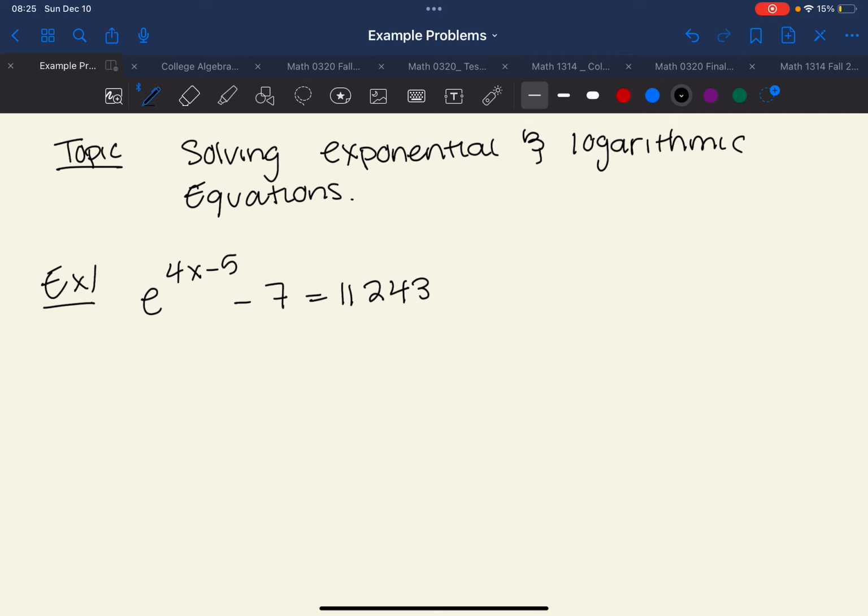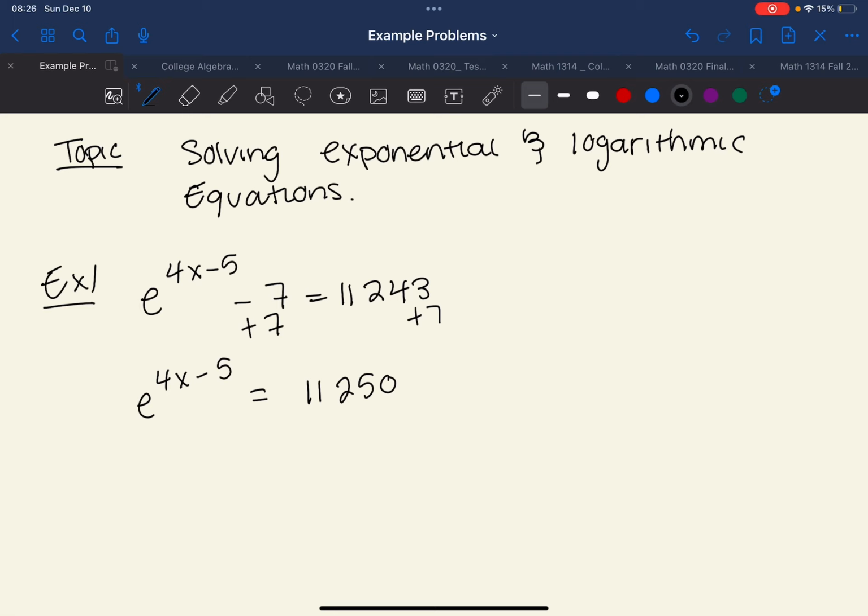itself. So notice we have that minus 7 in the way, so I'm going to go ahead and add 7 to both sides. And I get e to the 4x minus 5 is equal to 11,250. And now that I have my exponential by itself, we have to use those inverses in order to get rid of an exponential.